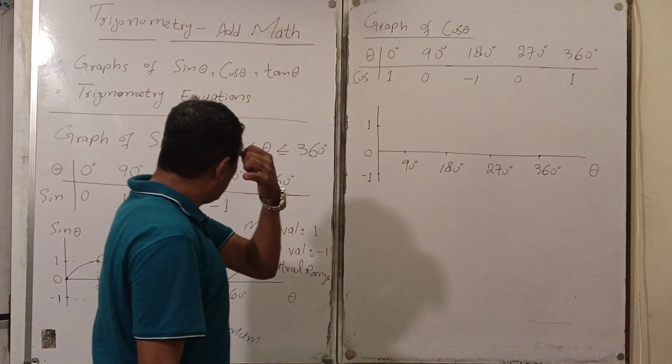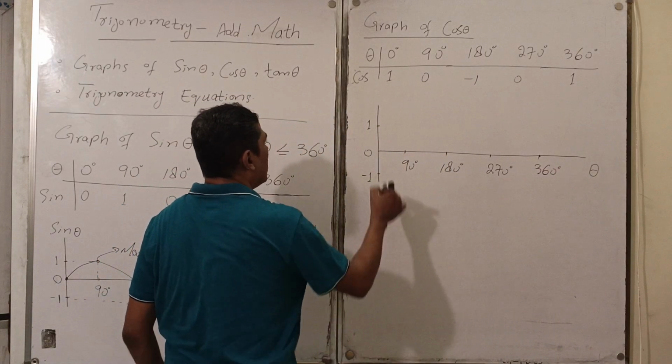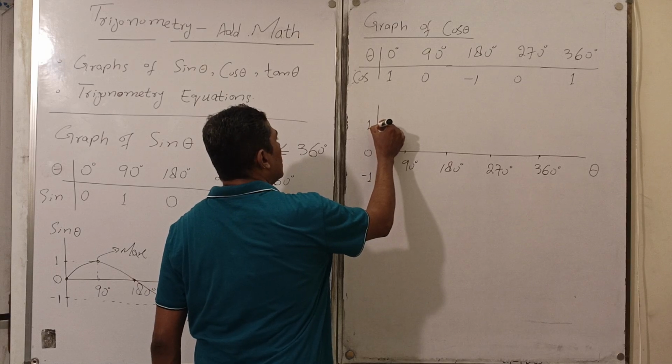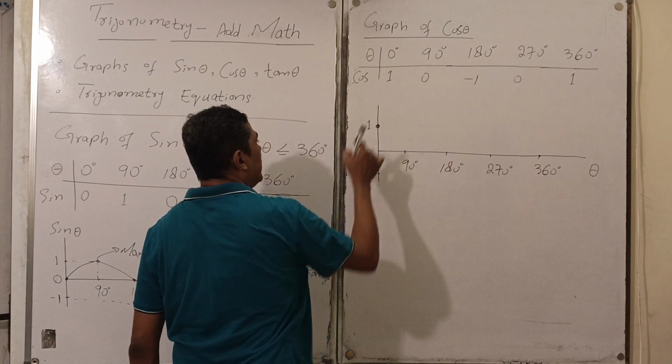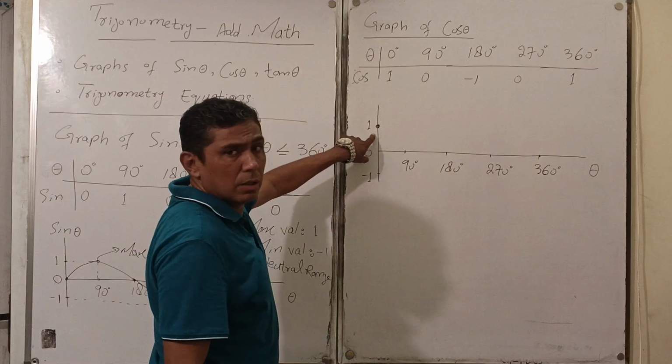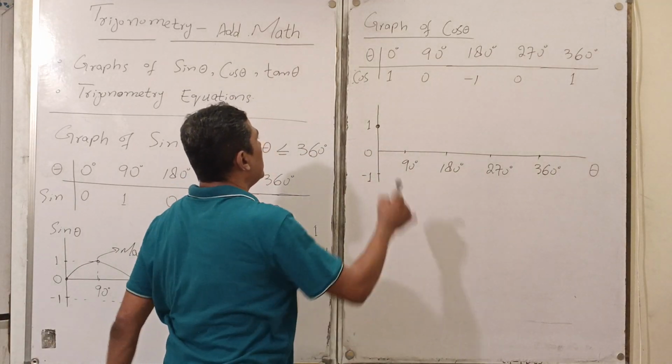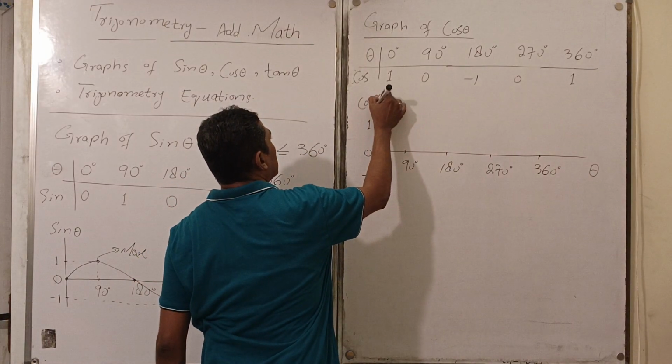The first value is 1, so it will start from 1 on the y-axis. Now it is the cos theta.